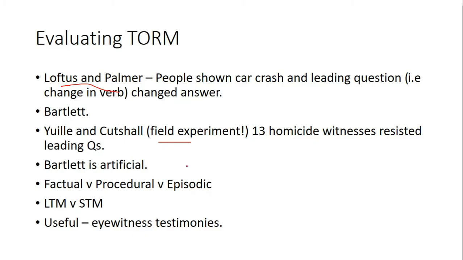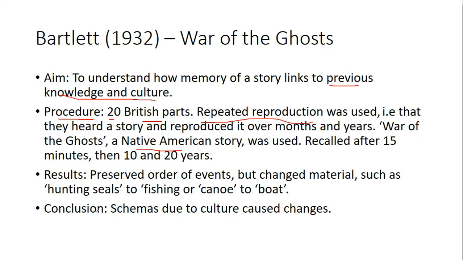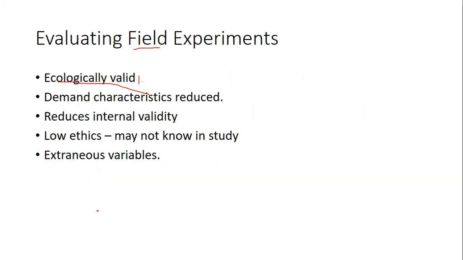A field experiment is where you take the idea of an experiment, so changing an independent variable and measuring a dependent variable, but using a real life situation out in the wild, so outside of a lab. That applies to Yuille and Cutshall because of the 13 homicide witnesses, it's taking the homicide and asking questions, and that's what makes it a field experiment, because it's out in the wild.